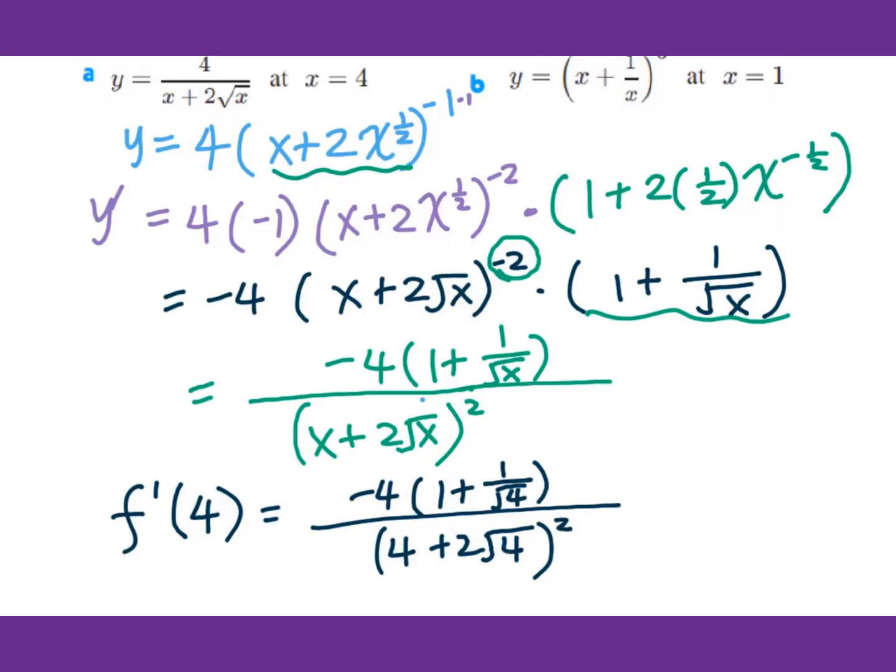We work this out: 2 times 2, so the denominator is 8 squared, which is 64. Here 1 plus 1/2 is 3 over 2. You will get negative 6 over 64, then simplify to negative 3 over 32.